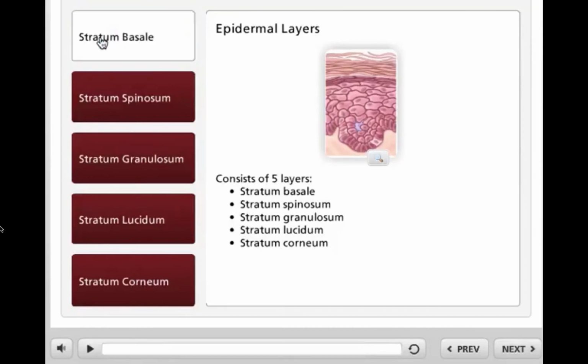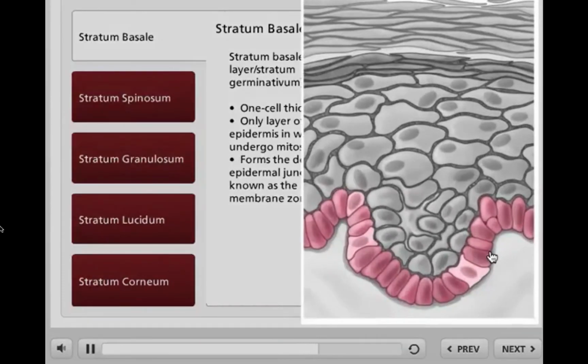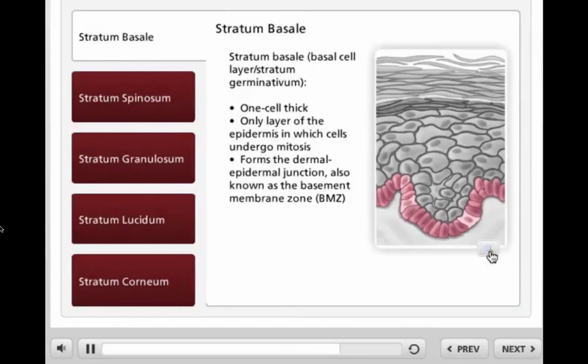The deepest layer, the stratum basale or basal layer, is attached to the dermis below by a thin acellular basement membrane. The basement membrane acts as scaffolding for the epidermis and as a selective filter for substances moving between the epidermis and the dermis. The epidermis is avascular, receiving its blood supply through the diffusion of nutrients from the dermis across the semi-permeable basement membrane.